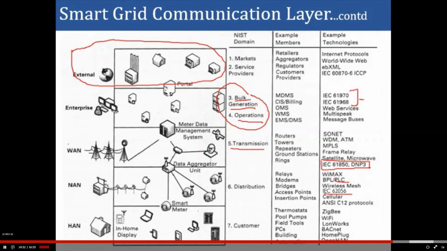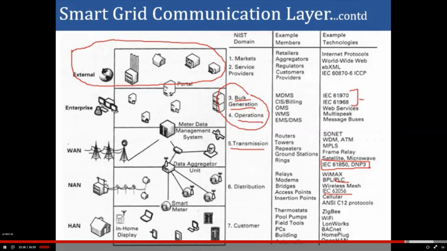The example applications are retail applications, aggregator operations, regulator operations, maybe customers or the various service provider operations. So these are mainly software driven applications where we will use software related protocols.